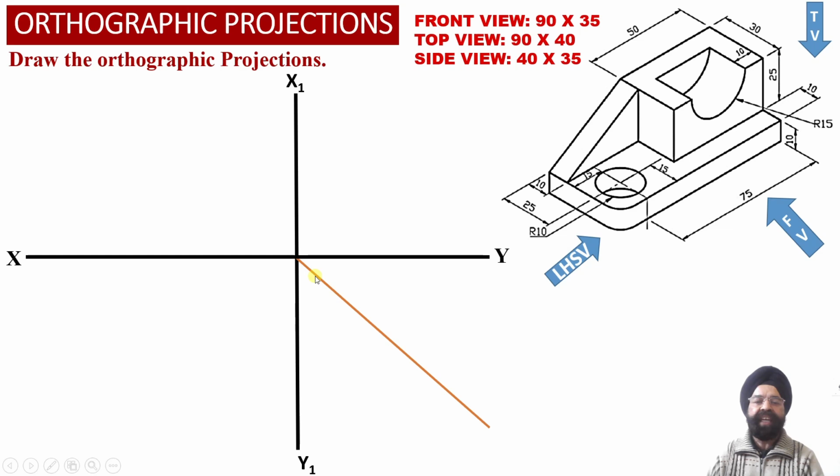This transfer line has been drawn at an angle of inclination of 45 degree with respect to the XY reference line, and we are going to use it to transfer the distances from the top view projections alongside the depth of the solid into the left hand side view projections.